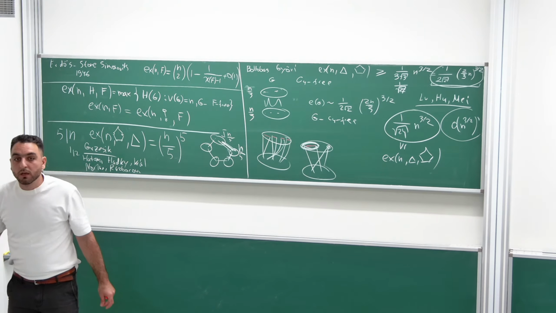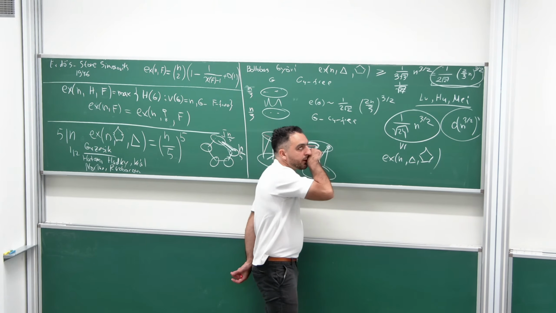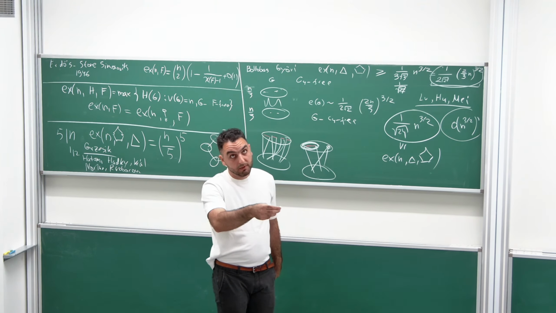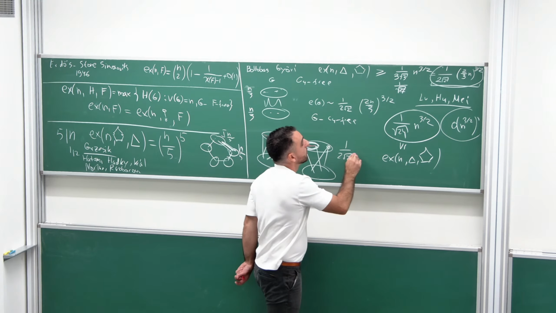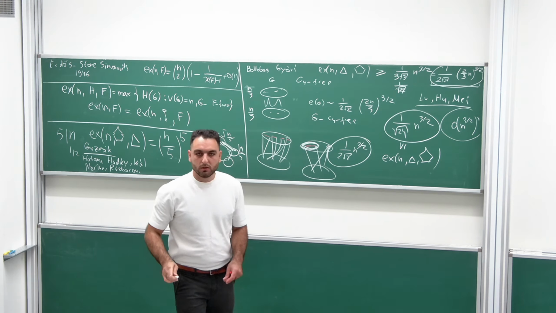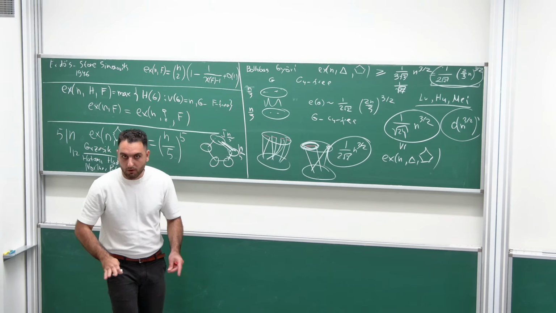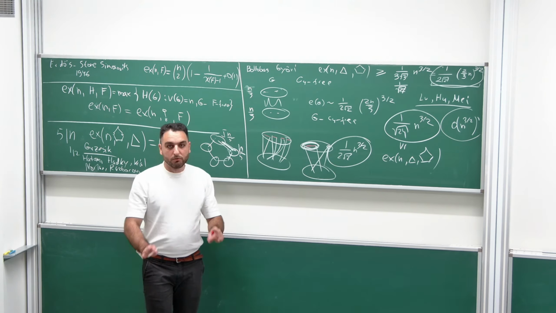Is getting the 3/2 in the exponent easy in the upper bound? I have a paper with Ervin, Becca, Ergemlidze, and Mesuku where we prove 1/2√2 times n to the 3/2, and I can do it in 5 minutes after the talk. I can even say now, but to prove 1/2√2, it has a very beautiful, nice proof.